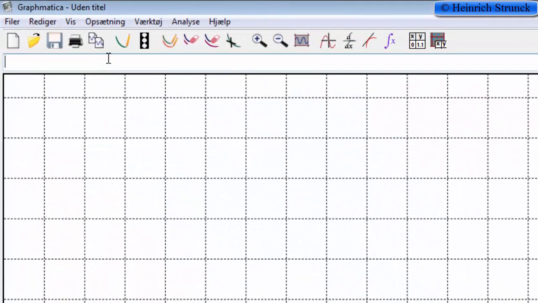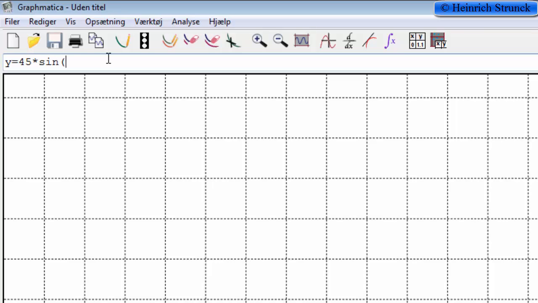and if we're going to show a function, we have to type y is equal to. And if we're going to have a sine function, we can, for example, have a sine function with a maximum of 40 volts. We have to key in 40 multiplied by sine, and then we have to use brackets.